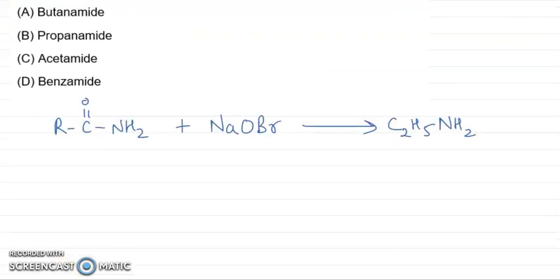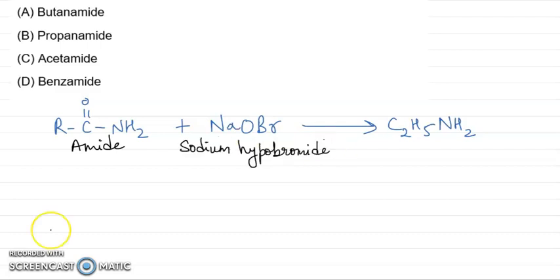So first of all, we should know the mechanism for this reagent, NaOBr, sodium hypobromide, when it reacts with amides. So for the mechanism, we will write the general formula of amide, RCONH2, and here we will write NaOBr.